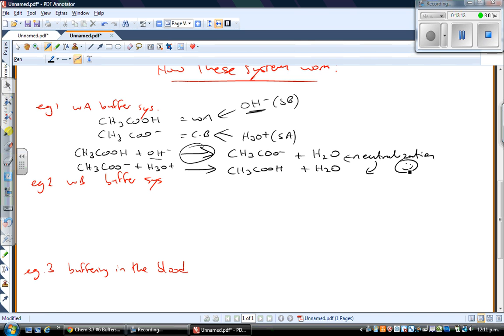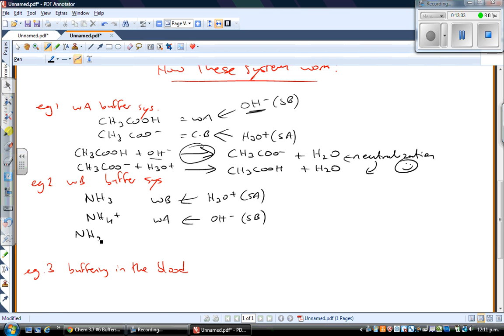A weak base buffer system, if we take our ammonia as our weak base, and then the ammonium ion as our weak acid, this one will deal with the H3O+ from a strong acid, and this one will deal with the OH- from a strong base, as follows.